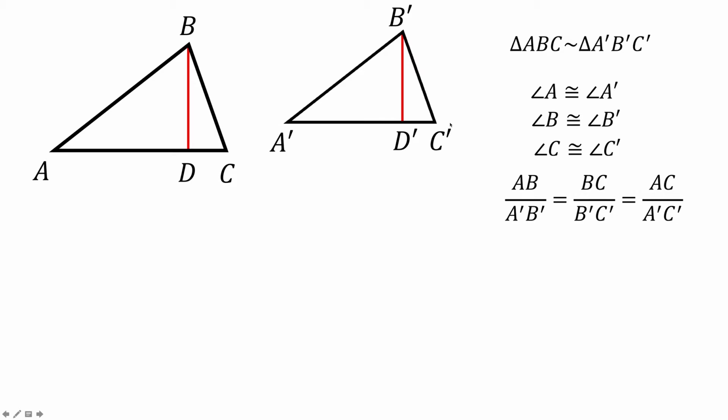And if you know that these two triangles are similar, BD over B prime, D prime is going to be the same as the ratio of the sides. So there are a lot of nice properties if you know that the triangles are similar.